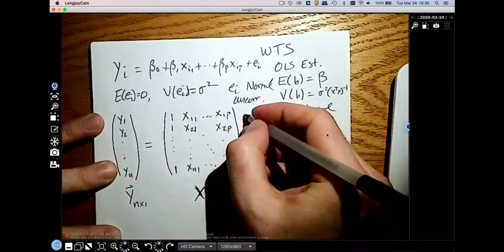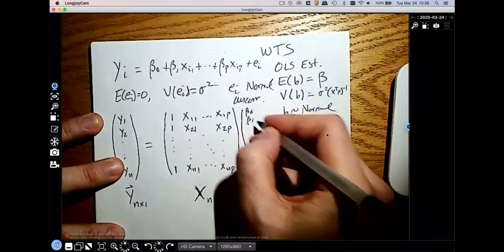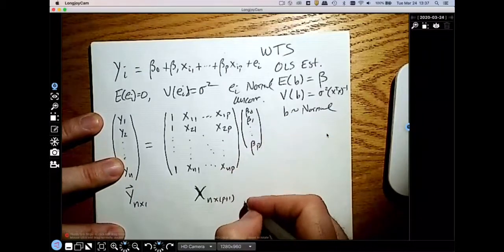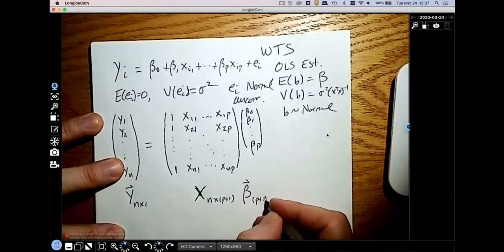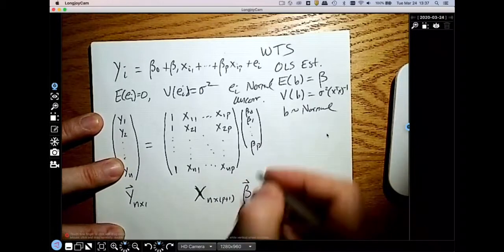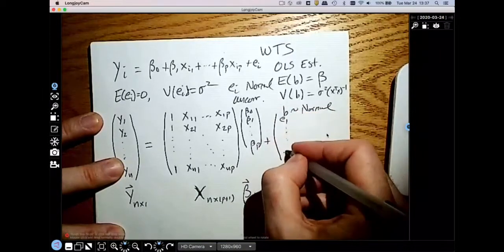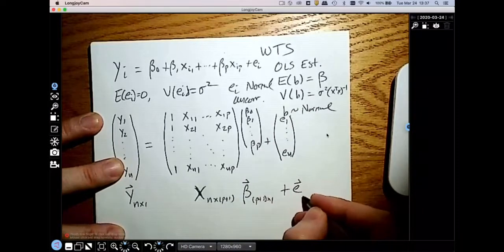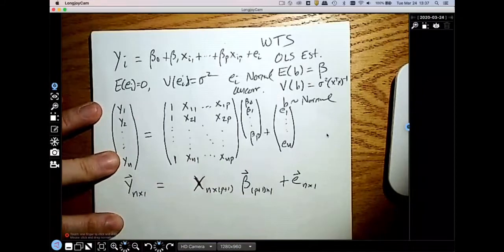Now, I'm going to have a beta vector: beta naught, beta 1, all the way through beta p, which is p plus 1 by 1. Plus my errors, e1 through en, which is an n by 1 quantity. And we better stick our equal sign in there.